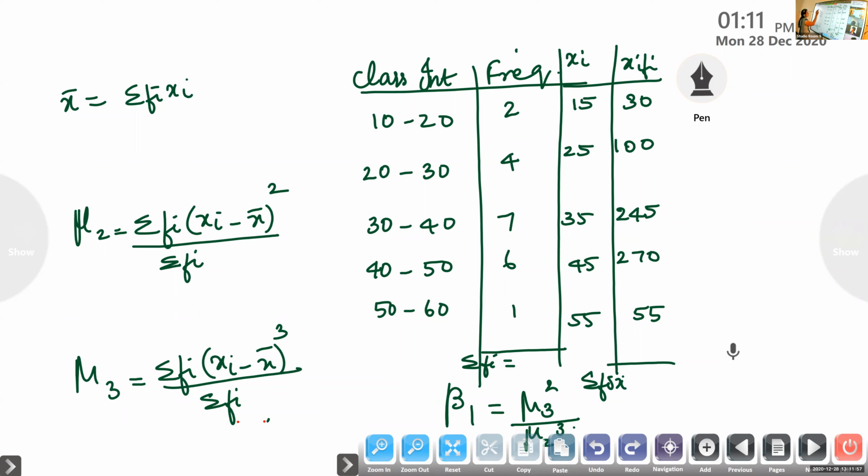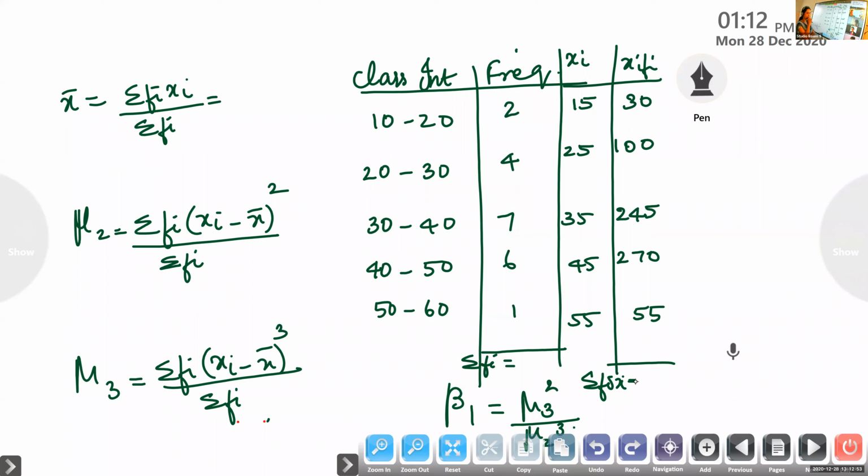Sigma fi xi by sigma fi. What is the answer, Aparna?